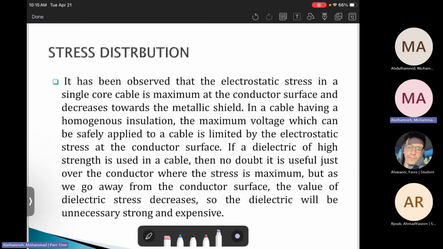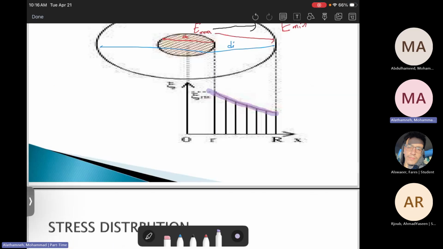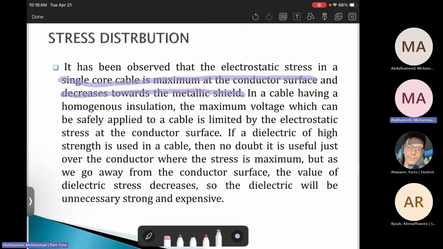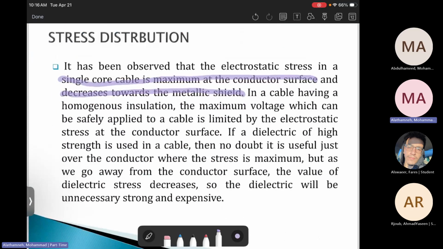Then again, it has been observed that in a single core cable, the stress is maximum at the conductor surface and decreases toward the metallic shield, as we said here, decreasing as we move to the shield. This cable has a homogeneous insulation, meaning all of the insulation material shares the same layer.